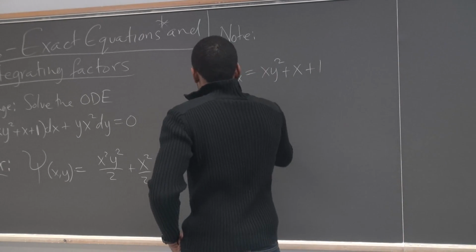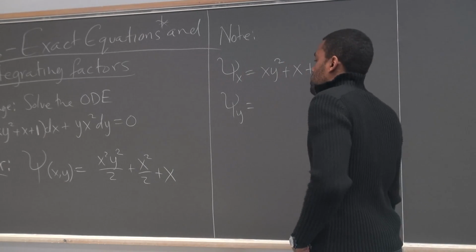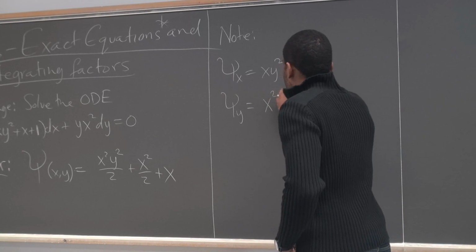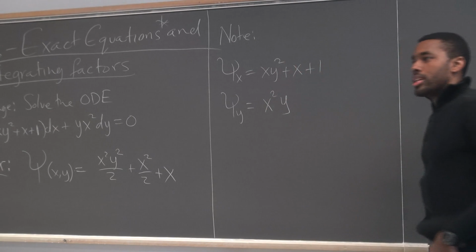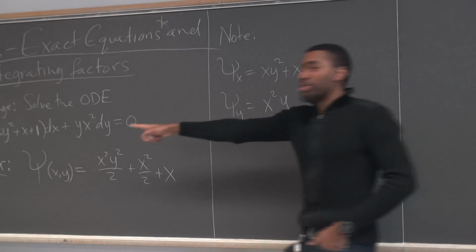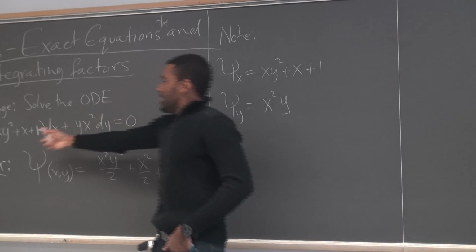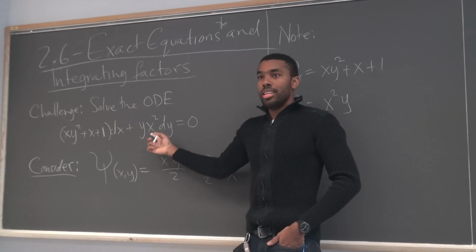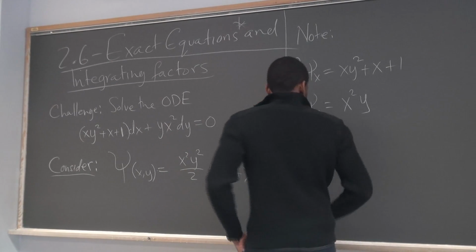What if I took the partial with respect to y of this function? You get x squared y. Do you notice anything? It's the guys over here. This is the one attached to the dx, and this is the one attached to the dy.